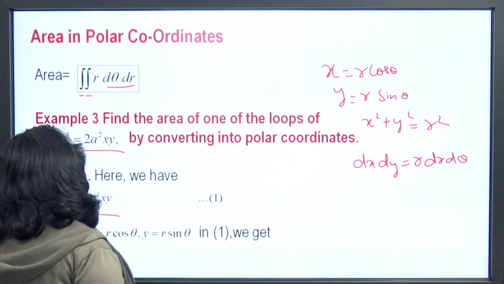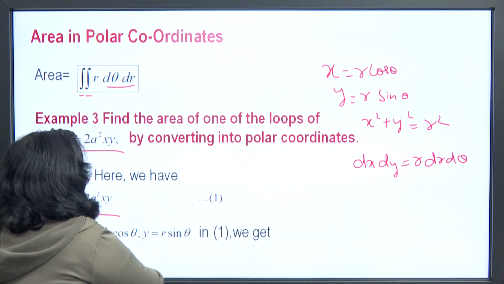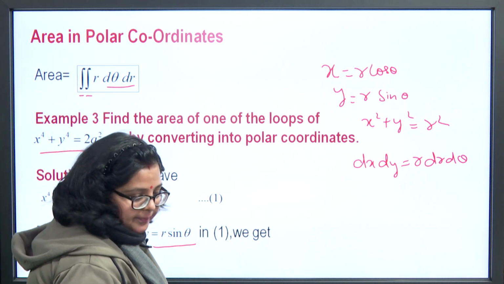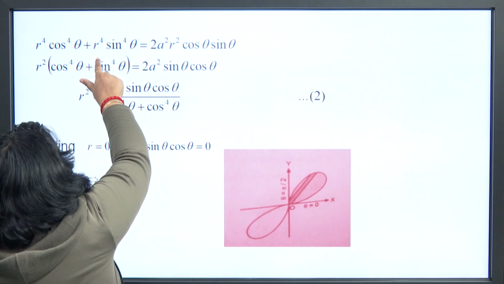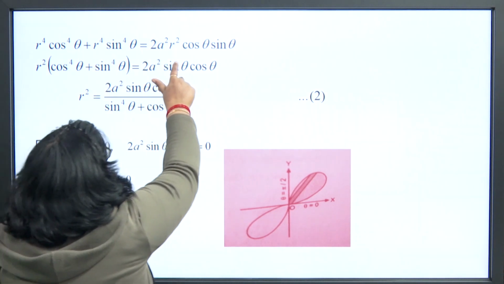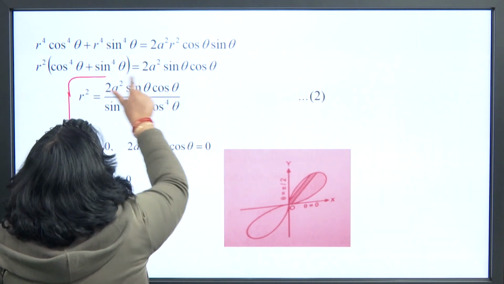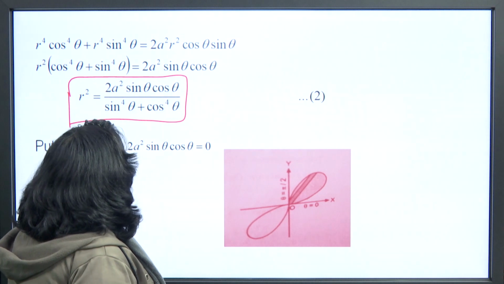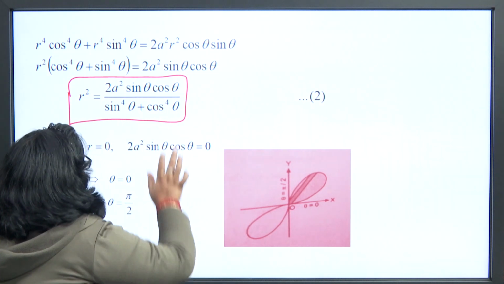Put x equal to r cos theta, y is equal to r sin theta, we get r power 4 cos power 4 theta plus r power 4 sin power 4 theta is 2a square r square sin theta cos theta. Solving this, we get r as a function of theta, r square is equal to 2a square sin theta cos theta upon sin 4 theta plus cos 4 theta.